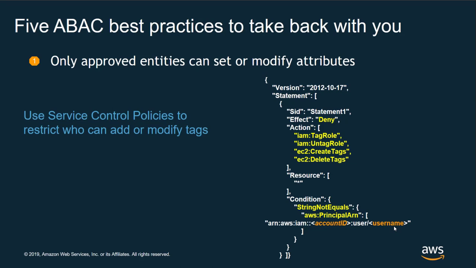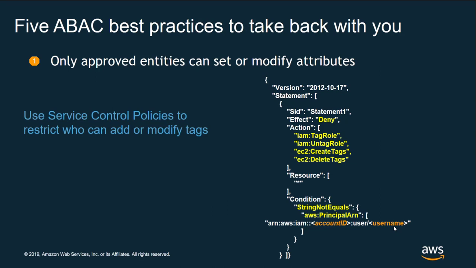So in this particular policy, the critical things to see are the ones highlighted in yellow. So the effect is deny because I'm using granular SCPs with conditions. So you have to use a deny as the effect. And in the action block, you will list your tagging APIs. So as an example for this particular policy, I'm using the tagging APIs for IAM and EC2.